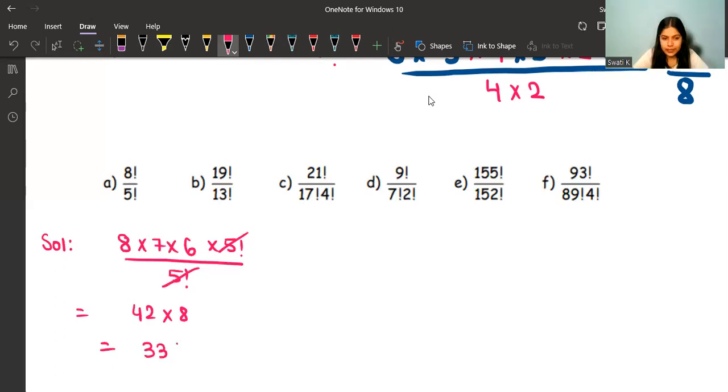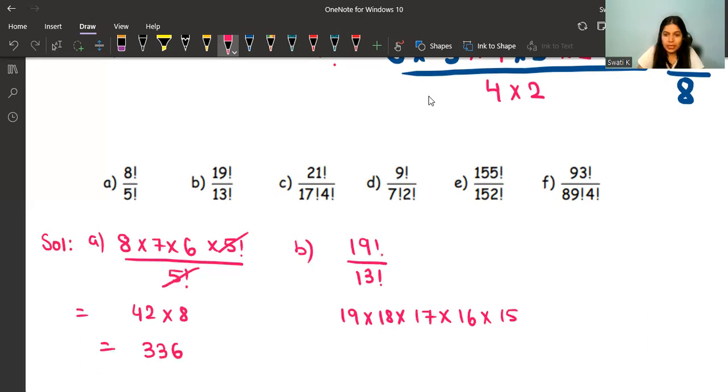Okay, this is done. Now, let's move to B. In B, we have 19 factorial divided by 13 factorial, right? Again, very simple. 19 into 18 into 17 into 16 into 15 into 14 into 13 factorial. Of course, I'll stop here and then divided by 13 factorial.